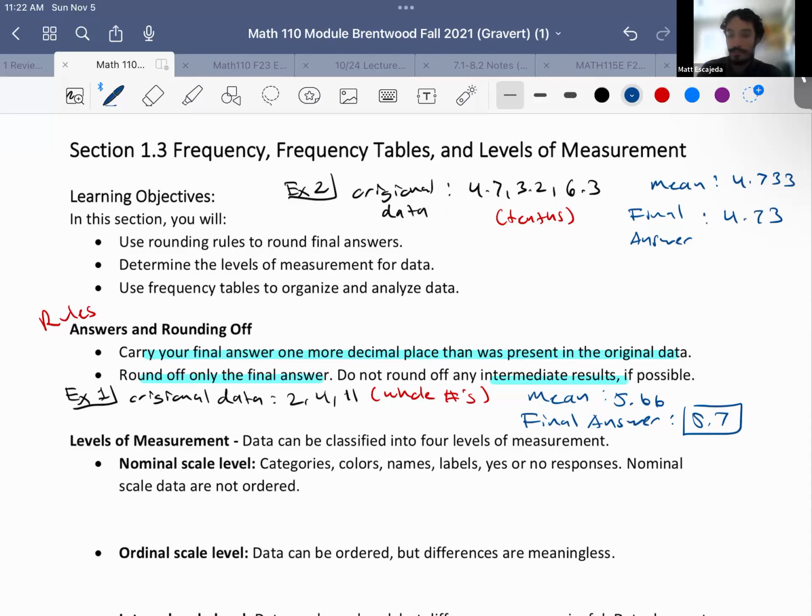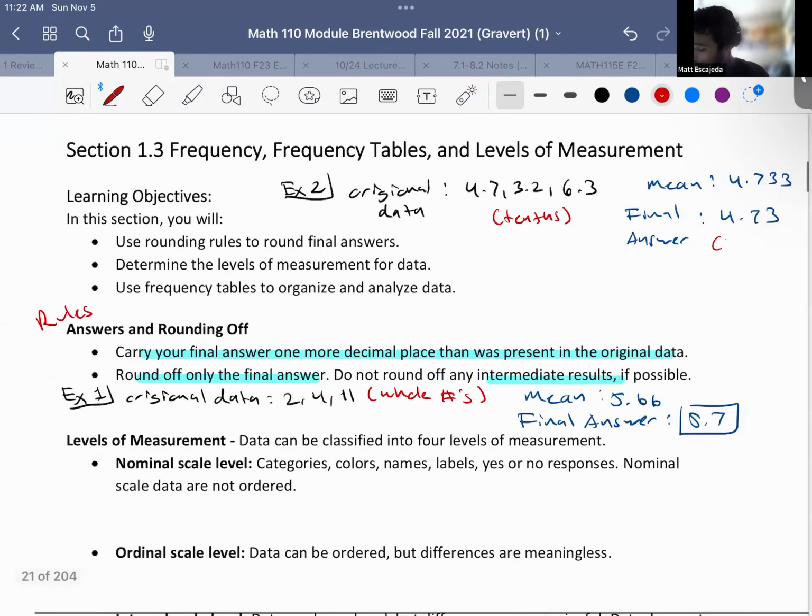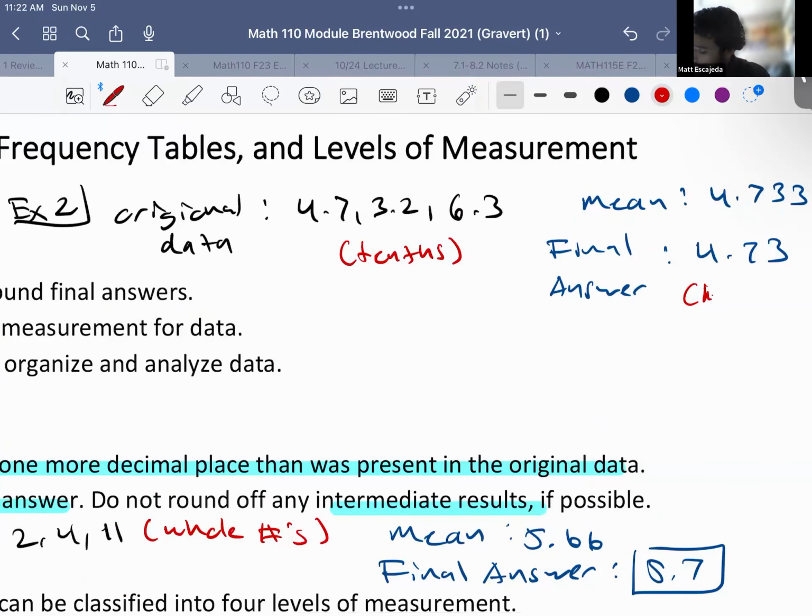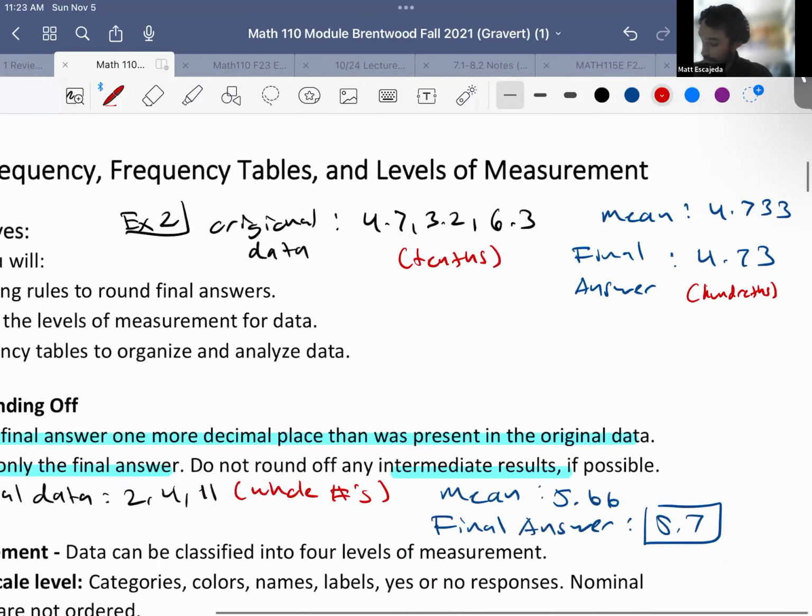Your original data was one decimal place, called the tenths, so my final answer would be one more decimal place than the original data, so that'd be two decimal places. This is also called the hundredths place.